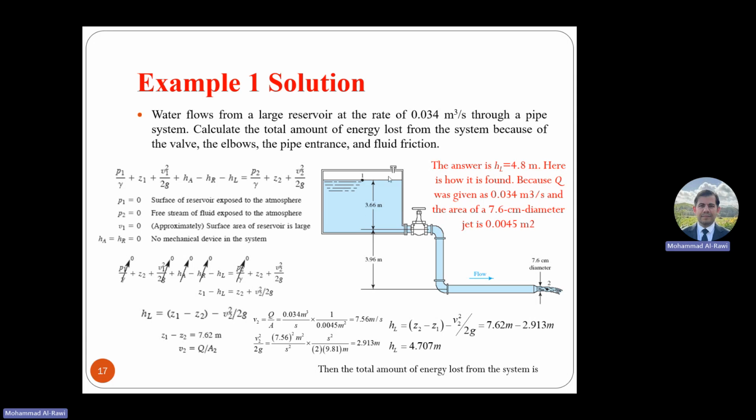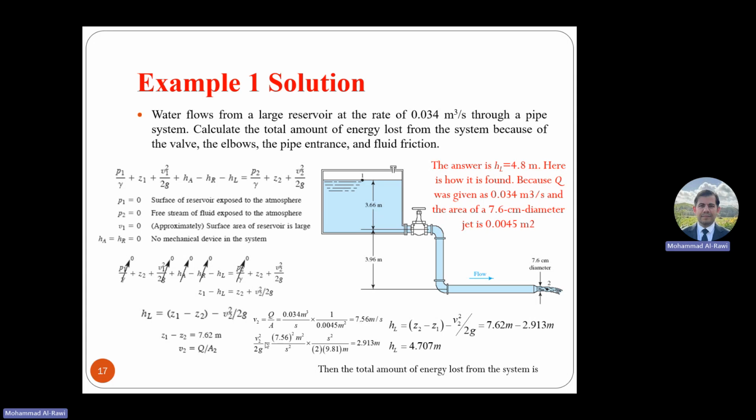Z1 minus Z2 is the total elevation, which is 7.62 when you add these two values. V2, as I mentioned, is Q over A, the area for the 7.6 centimeter diameter. So V2 can be found to be 7.56 meters per second.